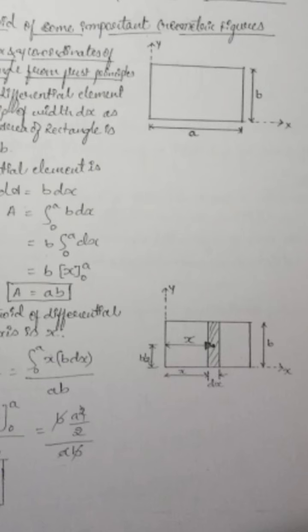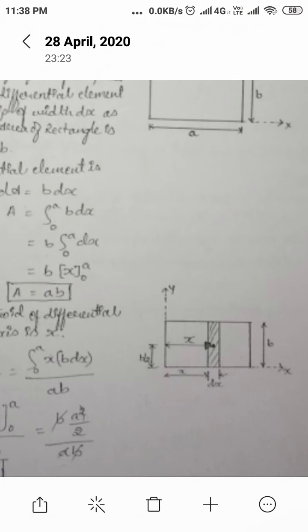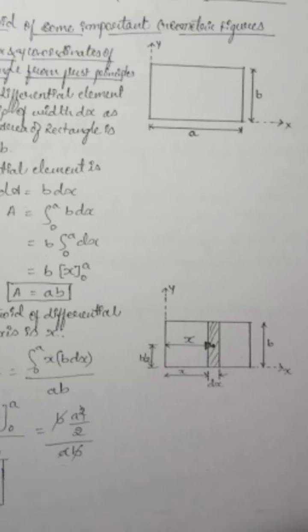Breadth is dx, depth is b, so the area is b into dx, as I have written here. b is a constant, so you take it outside, and next you integrate only dx.